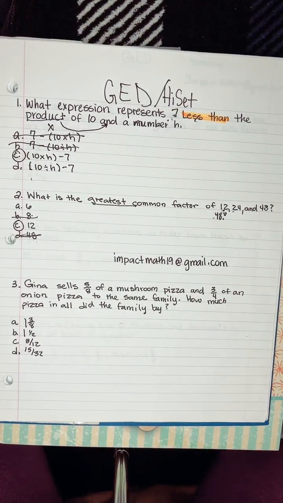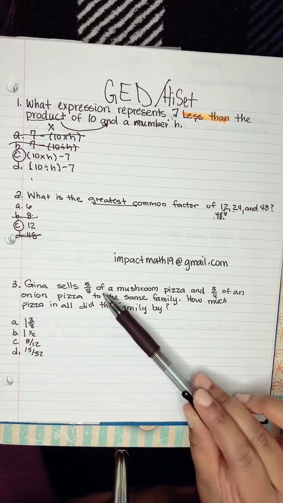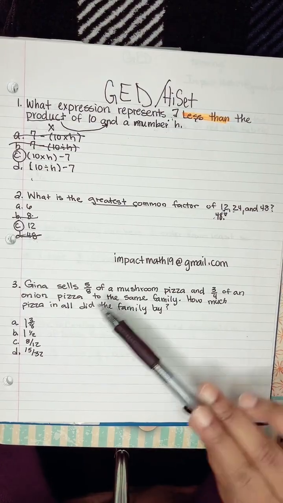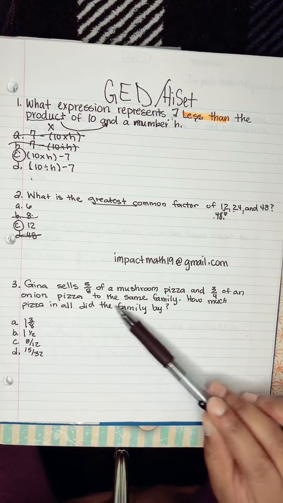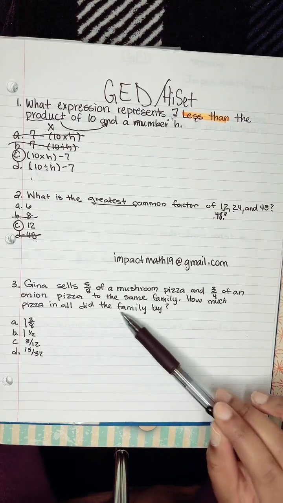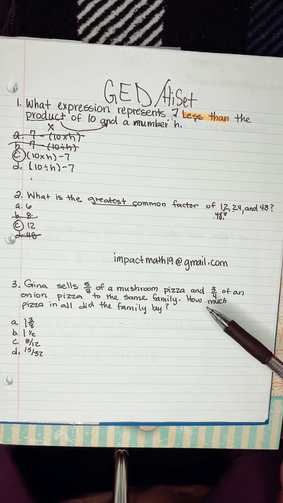So let's look at number 3. Gina sells 5/8 of a mushroom pizza and 3/4 of an onion pizza to the same family. How much pizza in all did the family buy? Can they really do this though? I thought you had to buy a whole pizza.